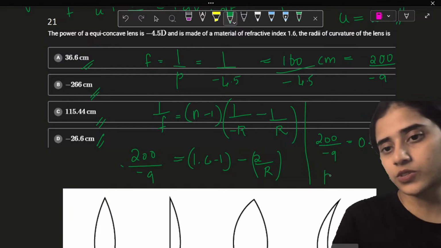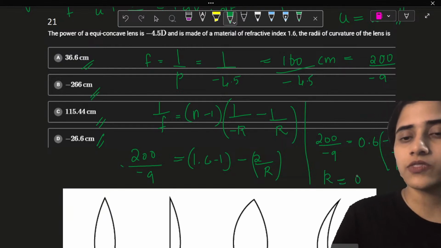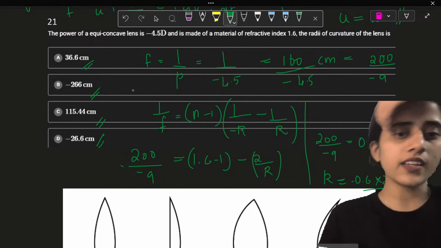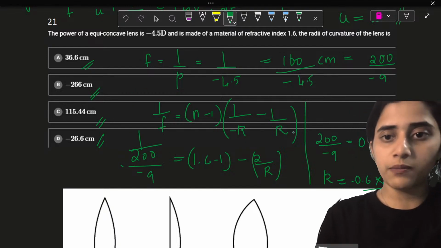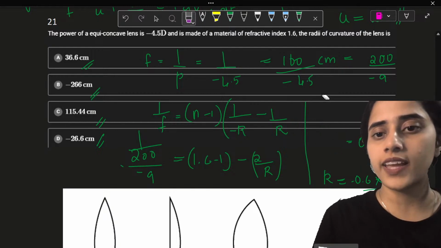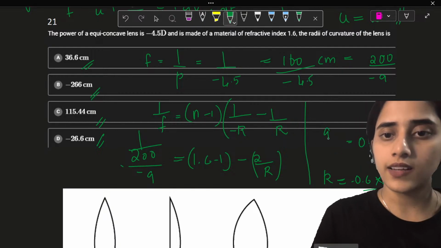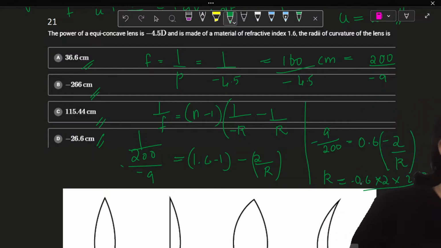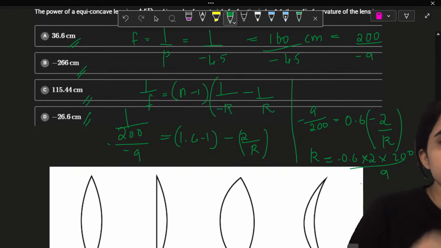So I'll take r to the other side. So you have 0.6 minus 2 into 200 the whole divided by 9. One thing I forgot here, this is 1 by f. So when you put f, it would be 9 by 200. Now, if you quickly solve it, you will get minus 26.6.